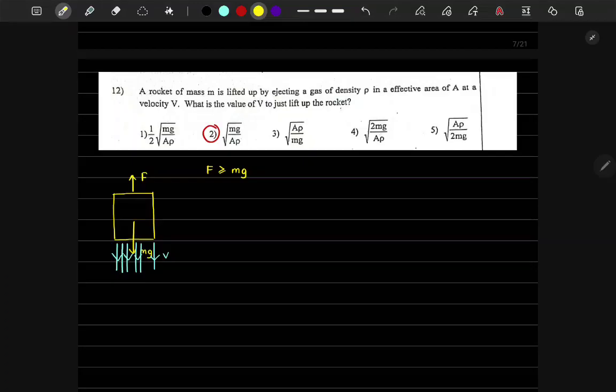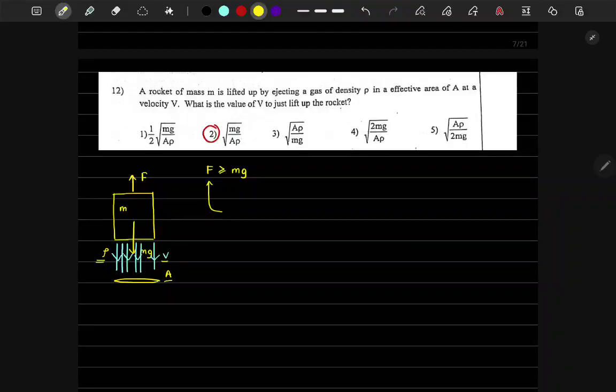Now this rocket has a mass m, it is ejecting gas of density rho with effective cross-sectional area of A at a velocity v. They are asking us the value of v to just lift the rocket. So we first have to find F in terms of these quantities A, v and rho and equalize that to mg to find out what the velocity v should be.